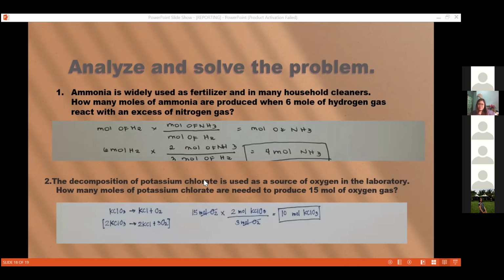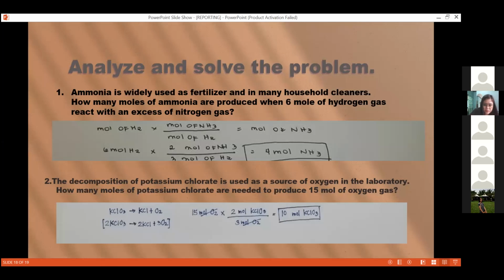Okay po, ma'am. Second, the decomposition of potassium chlorate is used as a source of oxygen in the laboratory. How many moles of potassium chlorate are needed to produce 15 mole of oxygen gas? The same procedure with the first problem. So the balanced equation for this is 2KClO3 equals to 2KCl plus 3O2.